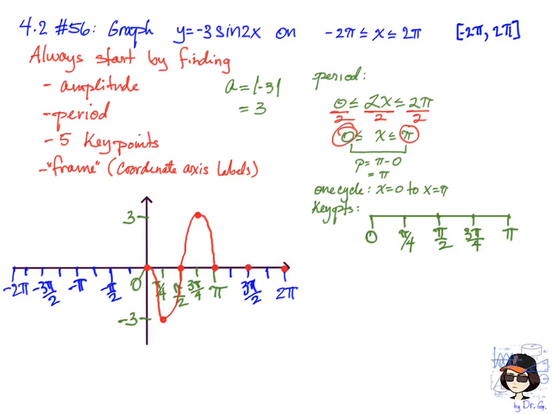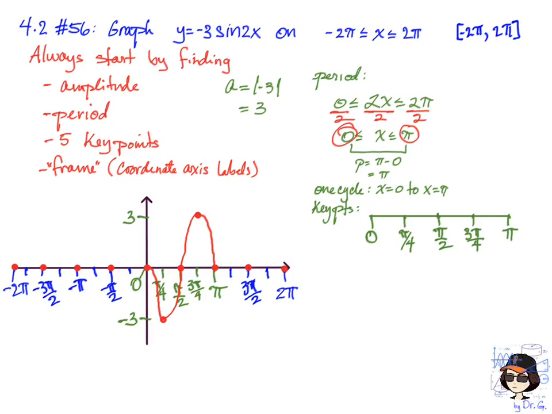So first I'm plotting some x-intercepts. I know it's going to go through the x-axis at these points: negative pi over 2, negative pi, negative 3 pi over 2, and negative 2 pi, because it's a periodic function with period pi.